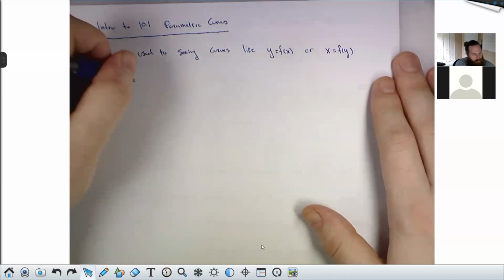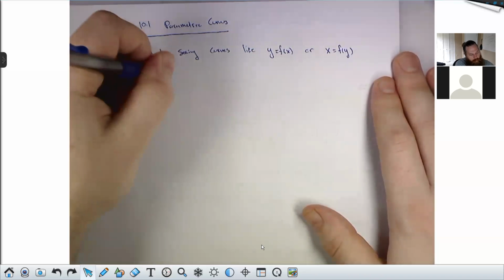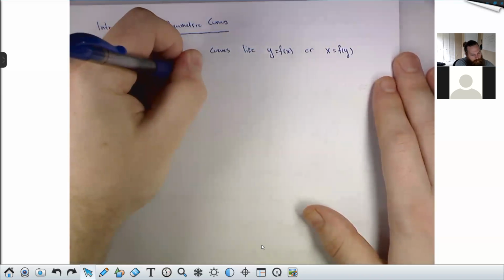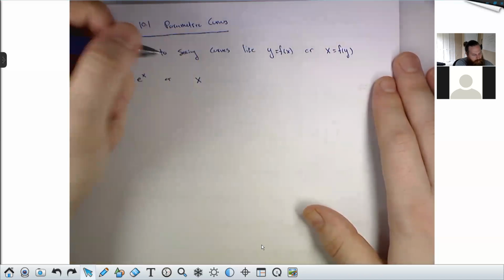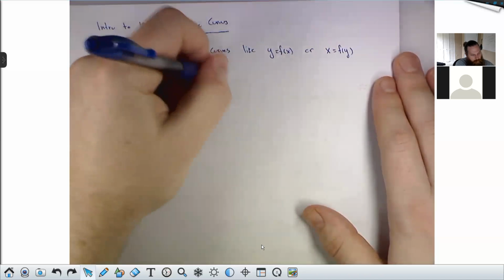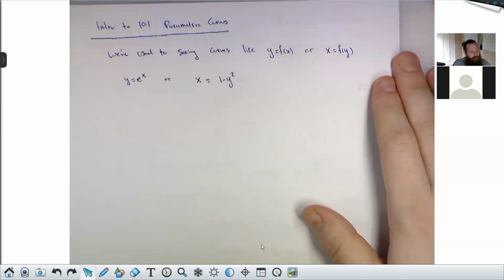Like y equals e to the x, or maybe x equals 1 minus y squared. Stuff like this we're all familiar with.